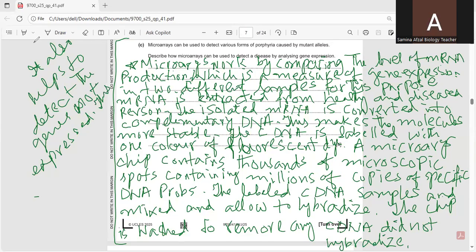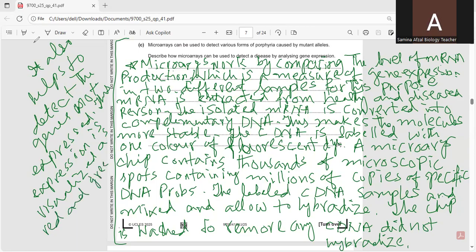This expression is visualized as a red and green pattern on the chips.